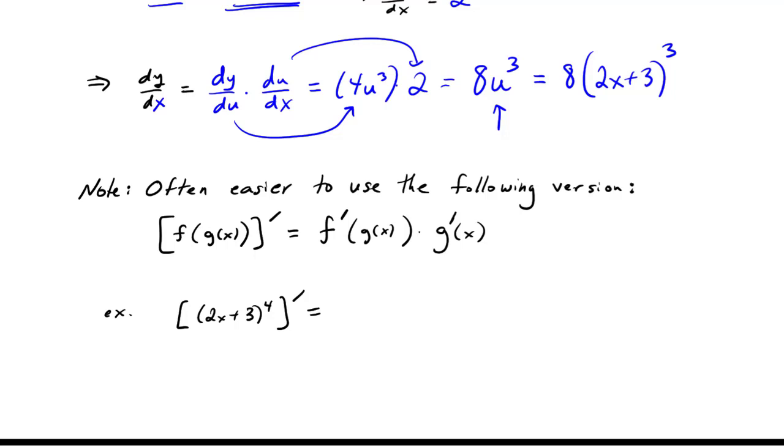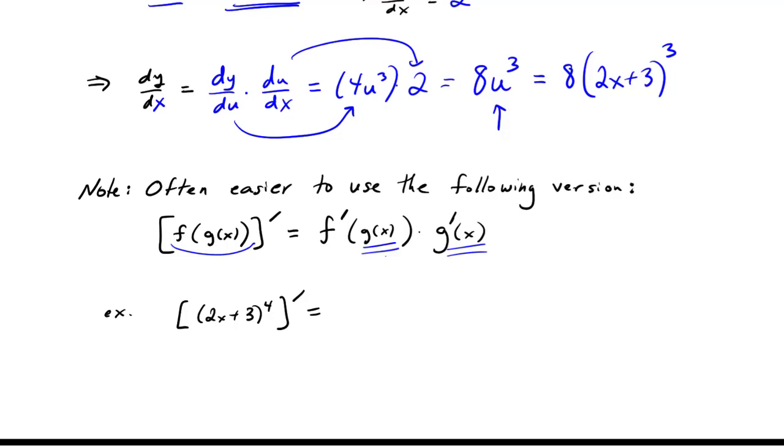We'll be able to do it on the fly. So the derivative of f of g of x is the derivative of f at g of x times g prime of x.